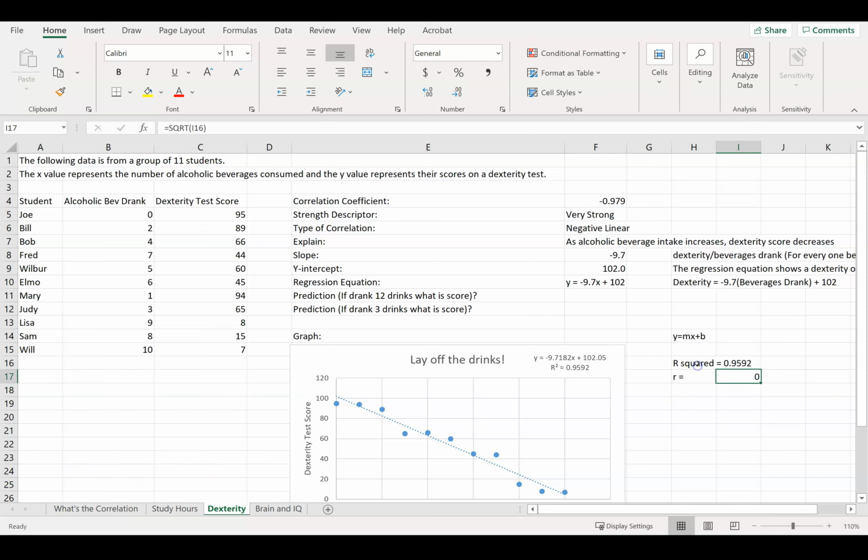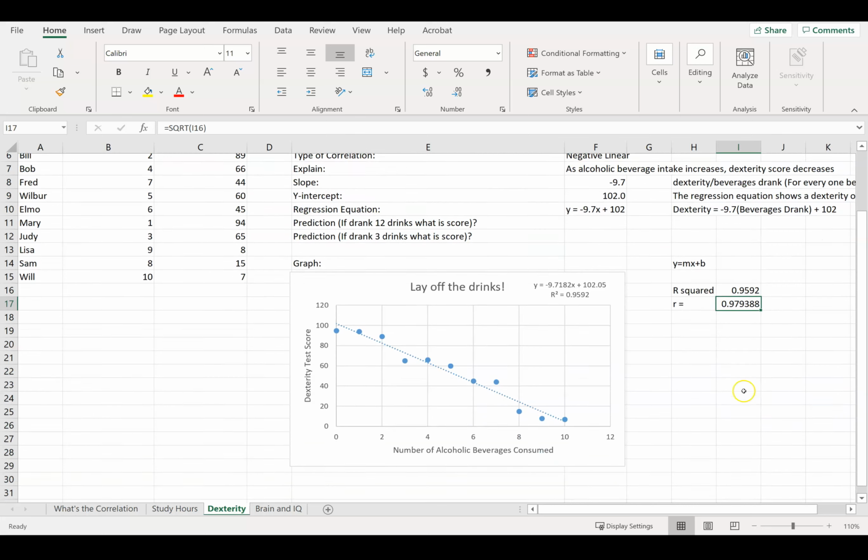I know what I did. I typed it in the one cell by accident. So I'll take that out there, put it in here. So 0.9592. I want the square root of that. Okay, so you'll see that again it matches up. I don't recommend that method for getting R, so maybe just forget that I did that, but at least you can know that that's one way to do it.